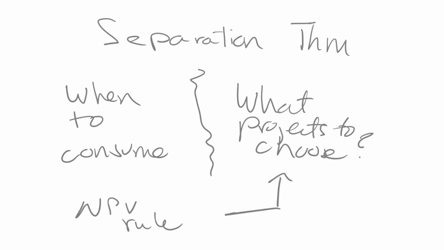This separation theorem is very powerful. Imagine if it were not true. Suppose that we couldn't separate when to consume and what projects to choose. What that would mean is if we had a corporation, the CFO of the corporation would have to find out the consumption preferences of all the investors.